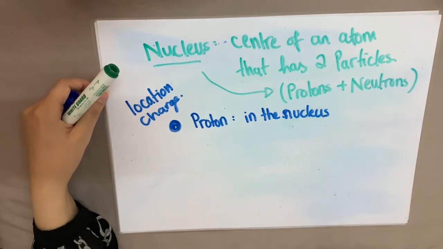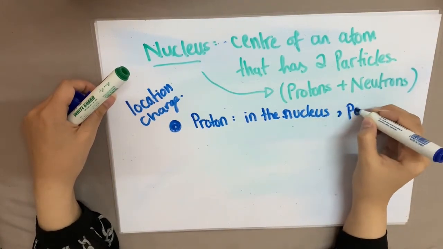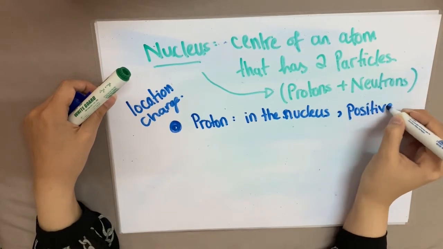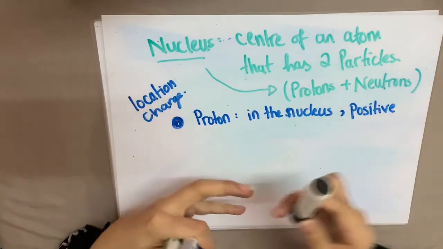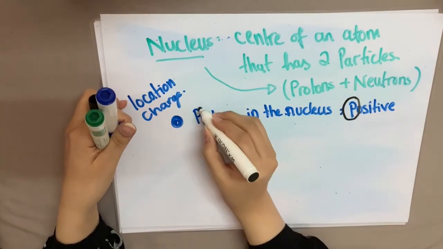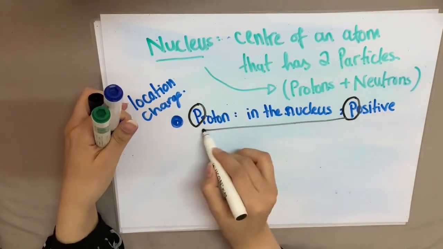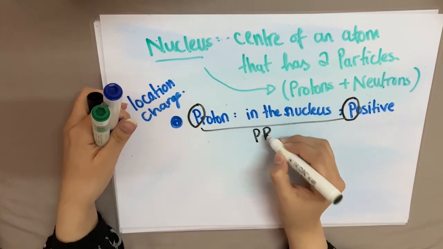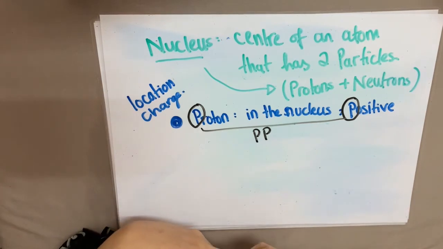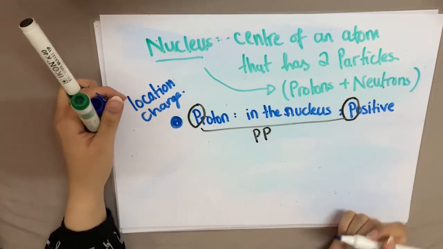So this is a location. How about the charge? Protons have positive charge. Okay, I'll show you how to link it really simply. P. Proton, positive. Think of it like this. Proton, positive, double P, okay?